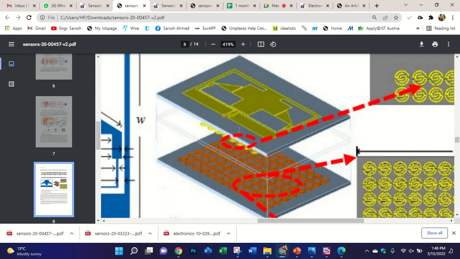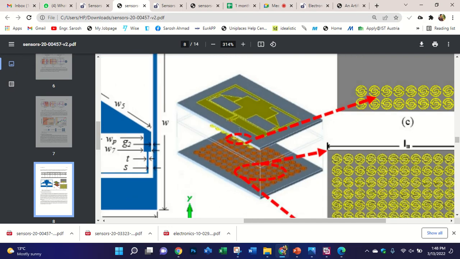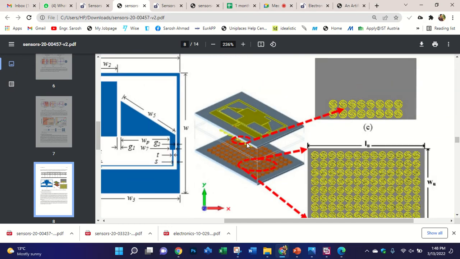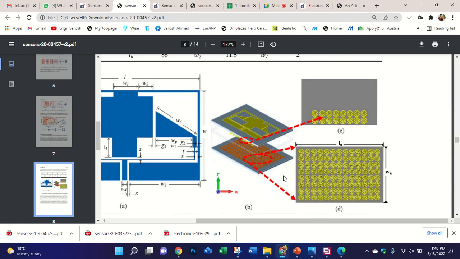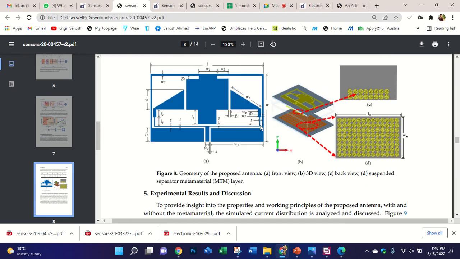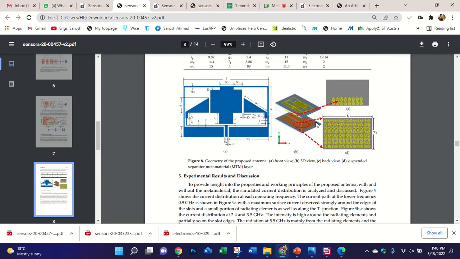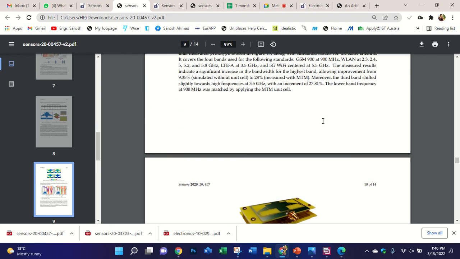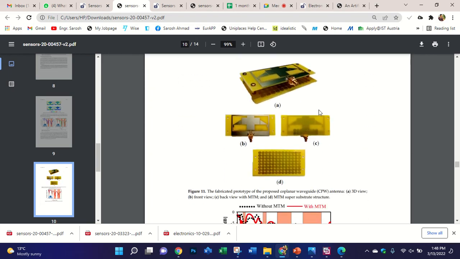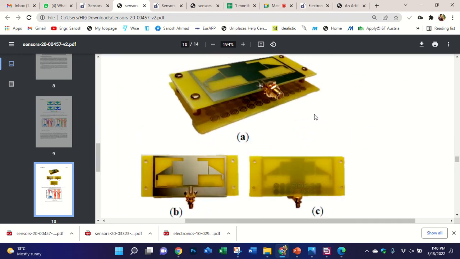Yes, he put it behind the antenna. He used two: one at the center, behind the antenna, and also the other on the second side, the opposite side of the substrate.